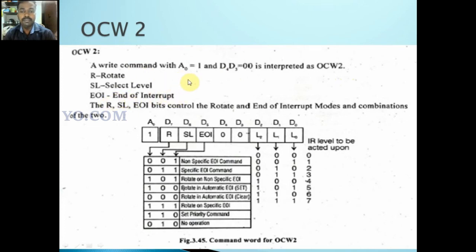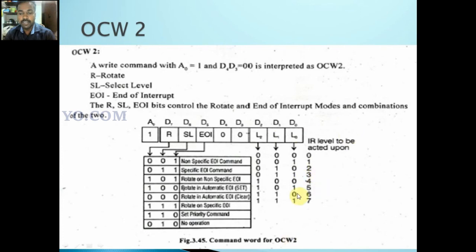The first two bits are combined together to form 4 different operations, the read register command.